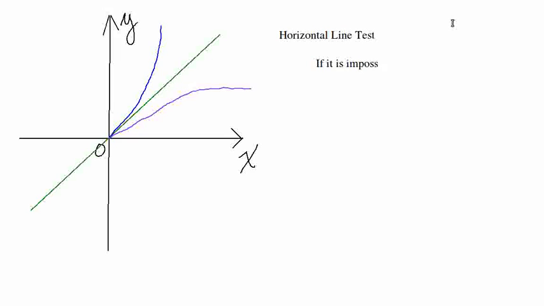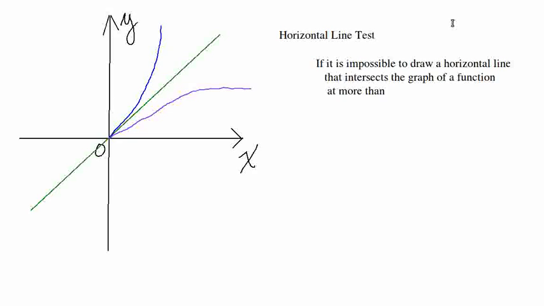If it is impossible to draw a horizontal line that intersects the graph of a function at more than one point, then that function is invertible.